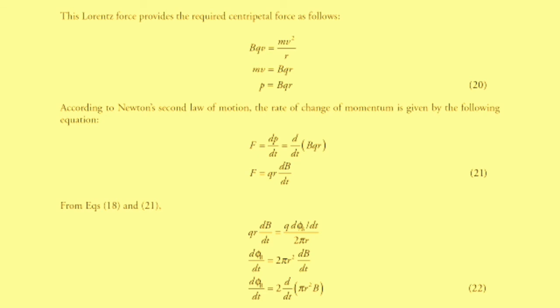Rearranging the terms and cross multiplying, we get dφ_B/dt is equal to 2πr² dv/dt. Now simplifying again, putting πr² with the B, we get dφ_B/dt is equal to 2 d/dt of (πr² B) as our equation number 22.